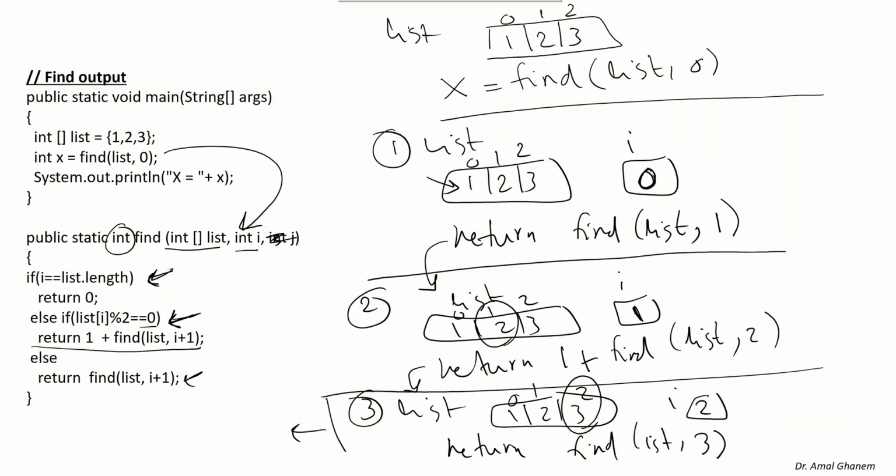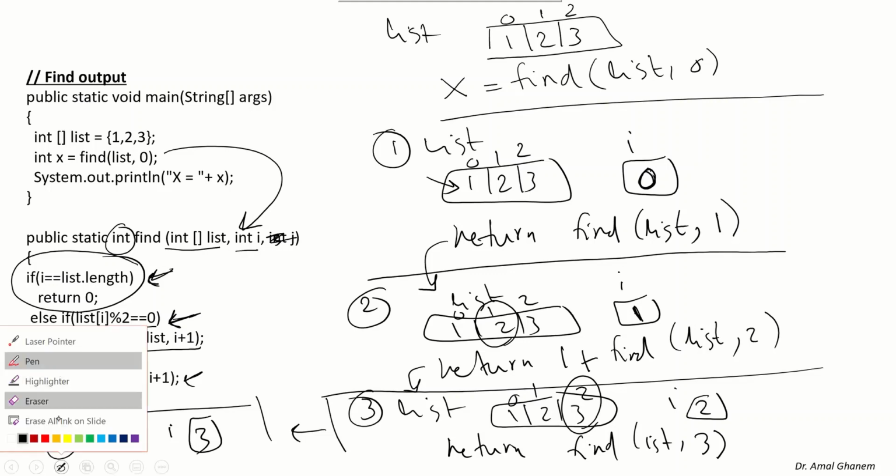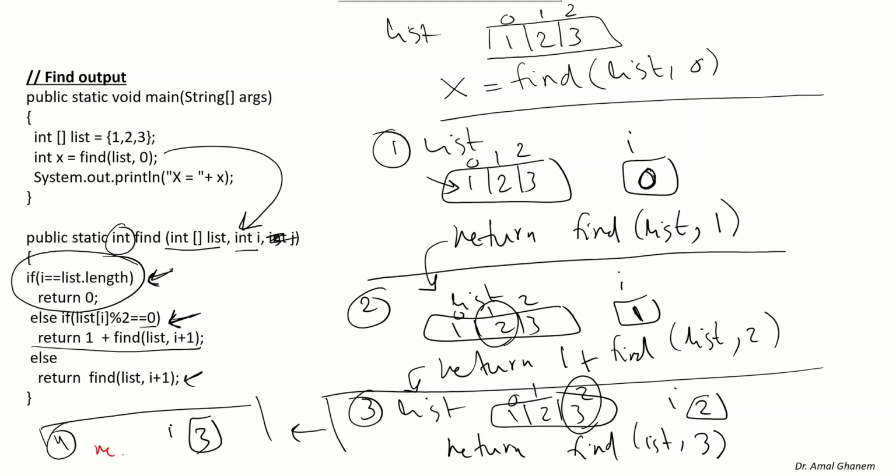And then we will be calling the last call, call number 4, and we will send the value of i as 3. And here we will reach the base case, if i equals list.length. i is 3 and the list length is 3, so we will return 0.